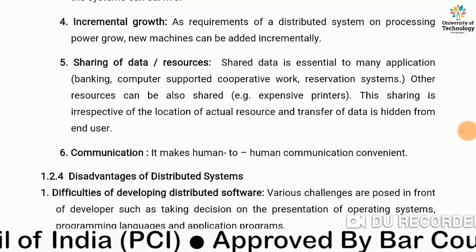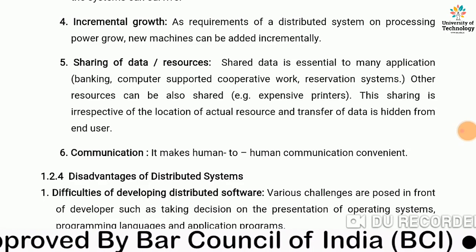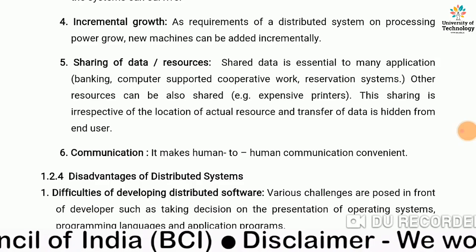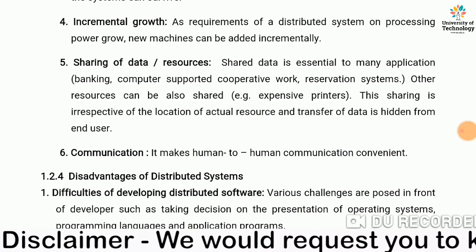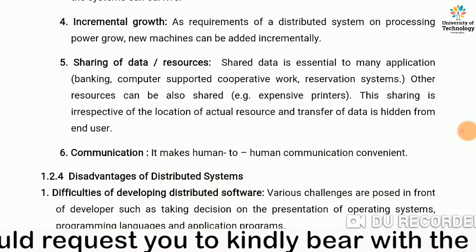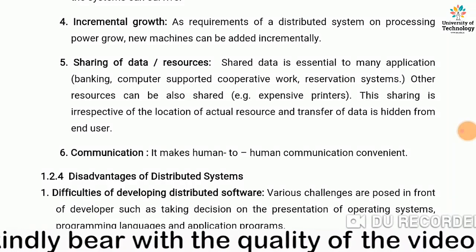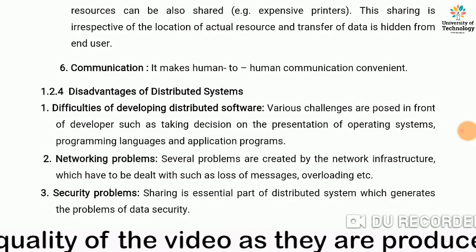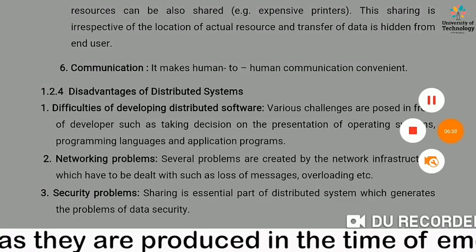Shared data is essential to many applications, such as banking, computer supported cooperative work, and reservation systems. Other resources can also be shared. The sharing is irrespective of the location of the actual resource, and the transfer of data is hidden from the end user. Next, communication. It makes human to human communication convenient.